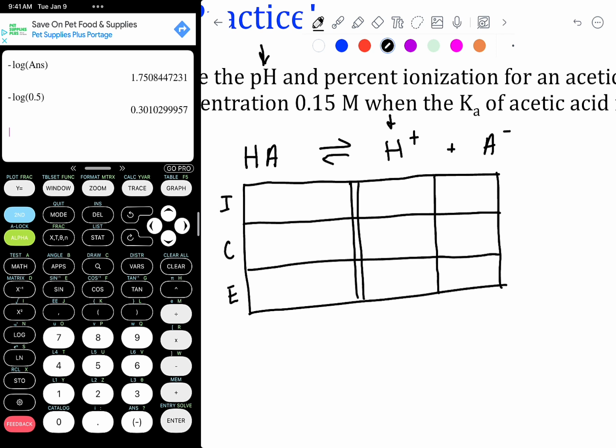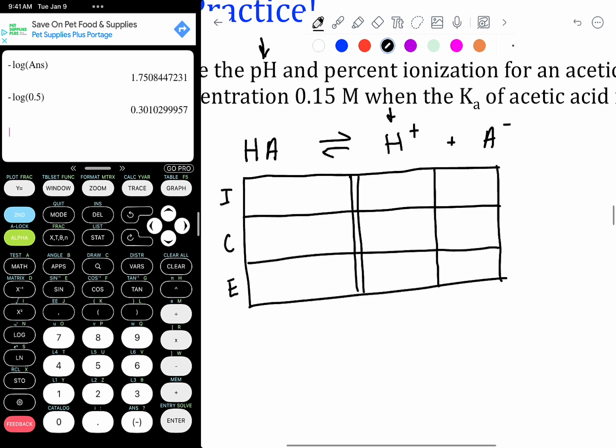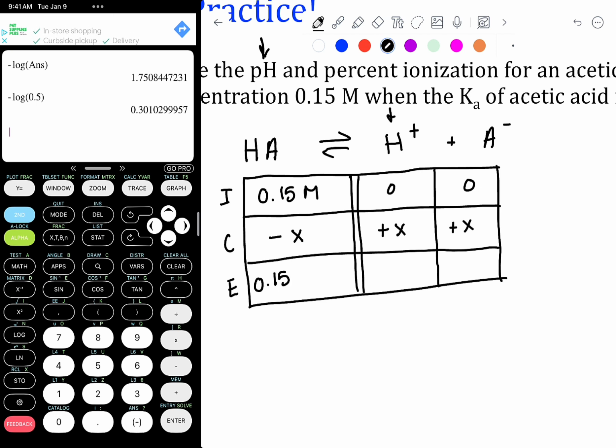Okay, so we know that our initial concentration of our weak acid is 0.15 molar. We know that initially the H plus and the A minus concentrations are both 0. We know that for a weak acid, the change row is always going to be minus X, plus X, plus X. That is always the same. So now our equilibrium becomes 0.15 minus X, and X, and X.